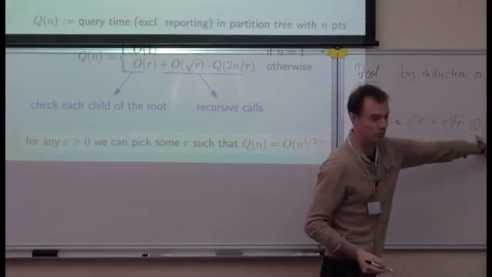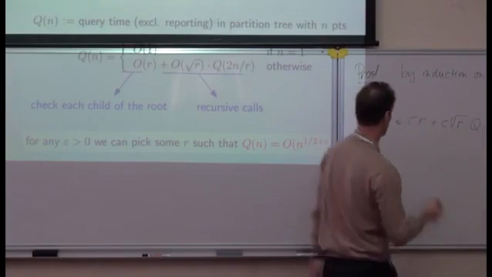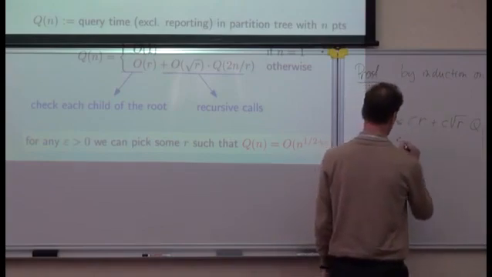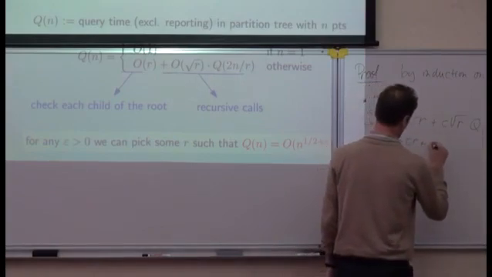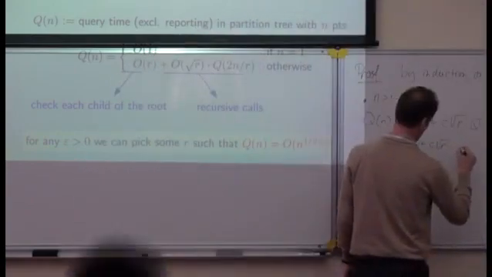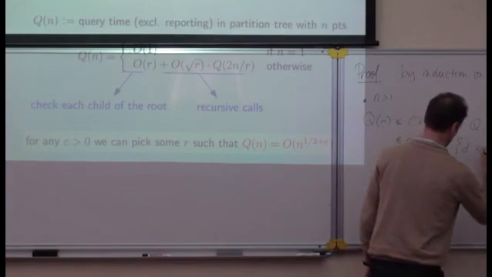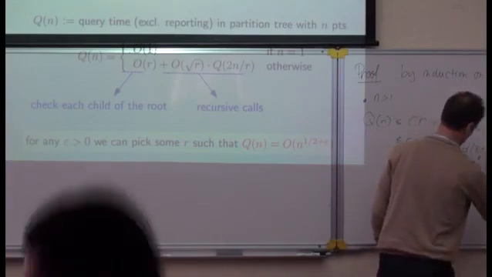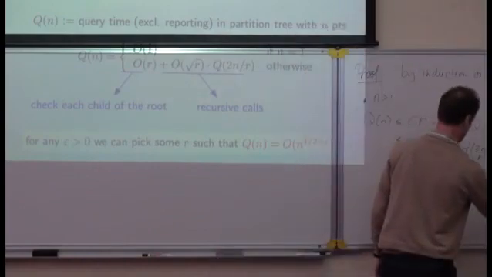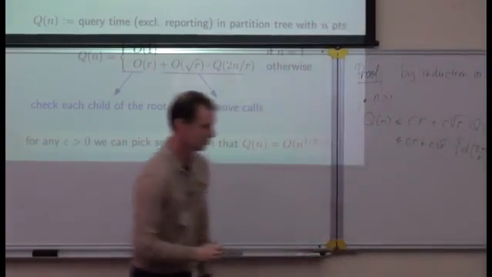Okay, going to use my induction hypothesis on this part. So this is at most cr plus c square root of r times d times (2n over r) to the 1/2 plus epsilon.